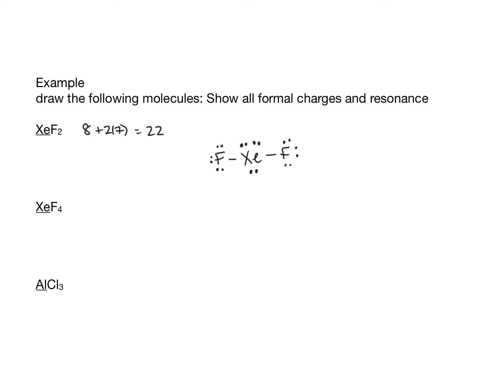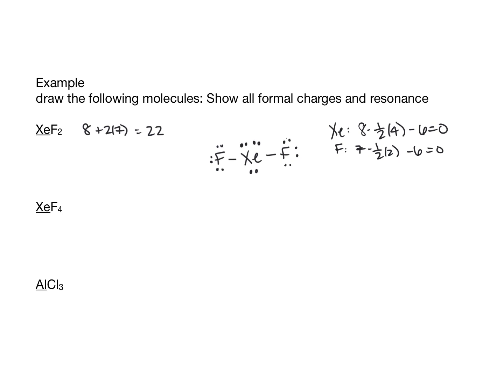They're all there. Our formal charge for xenon is 8 minus half of 4 minus 6, and that equals 0. And fluorine, as we know, is 7 minus half of 2 minus 6, also 0. So xenon has more than octet, but based on its location, it can.